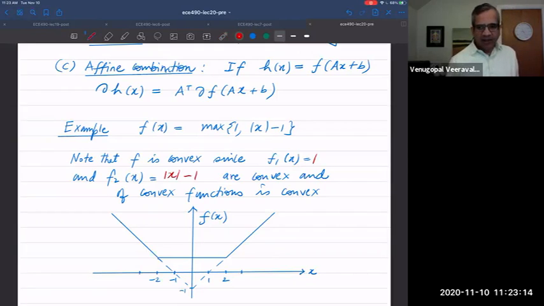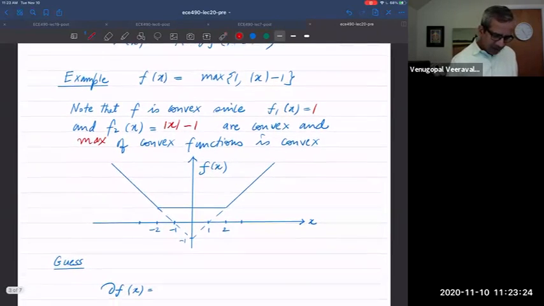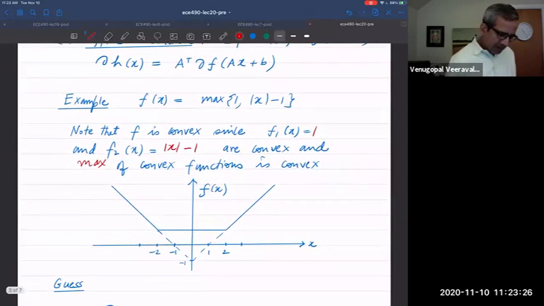Both of these are convex functions, and if you take the max of two convex functions, you get a convex function. Okay, we know that. And you can actually plot this and see that it is a convex function. It's one-dimensional, so you can do that. But in higher dimensions, of course, it's useful to be able to use properties like the max of a bunch of convex functions is convex, and so on.